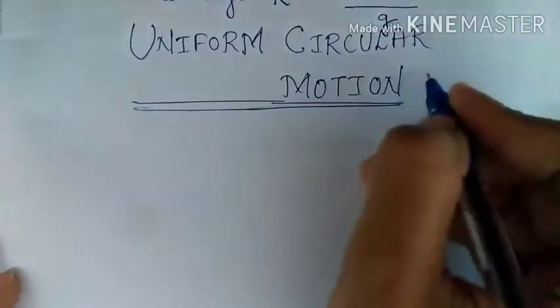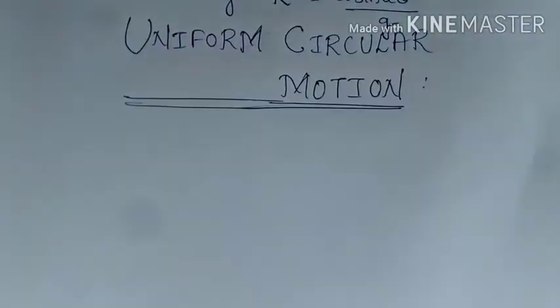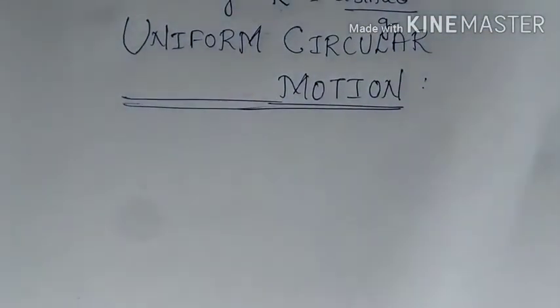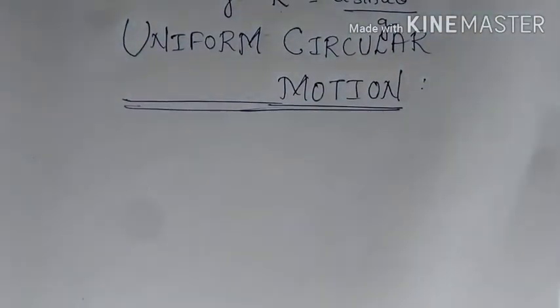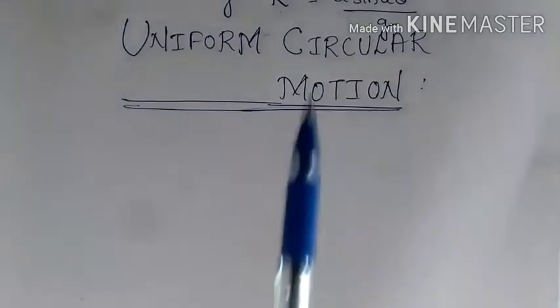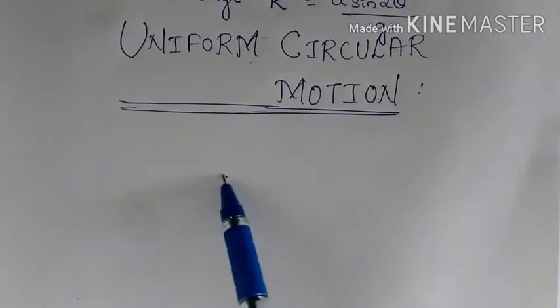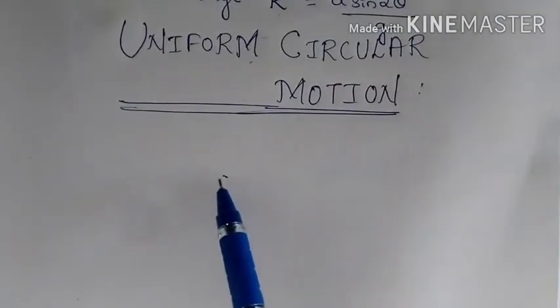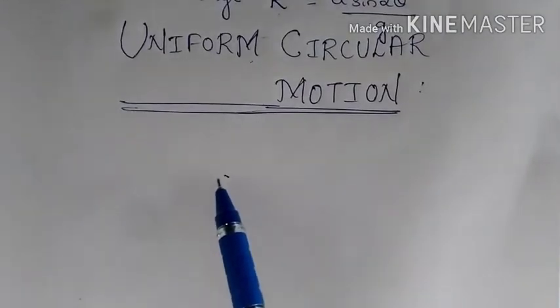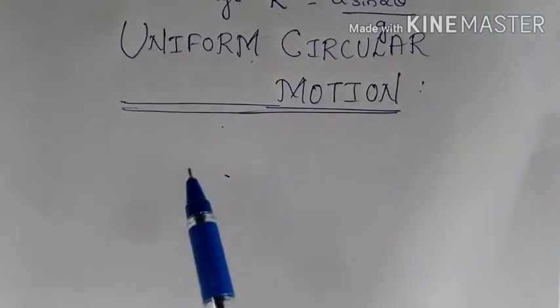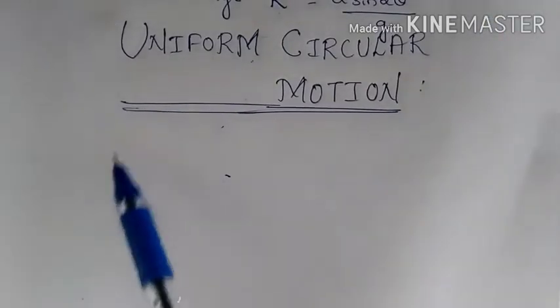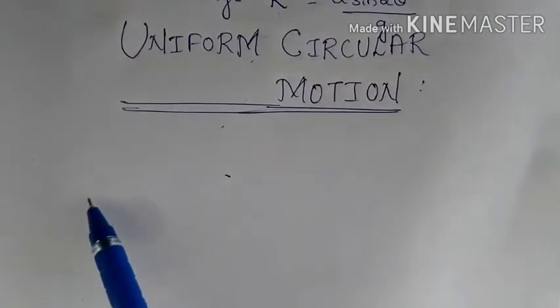This is again an important topic. These topics are important for your CET examination or JEE, AIEEE. All these equations will be directly asked in the question, or sometimes they ask applied questions on these equations. So try to understand all these equations thoroughly.